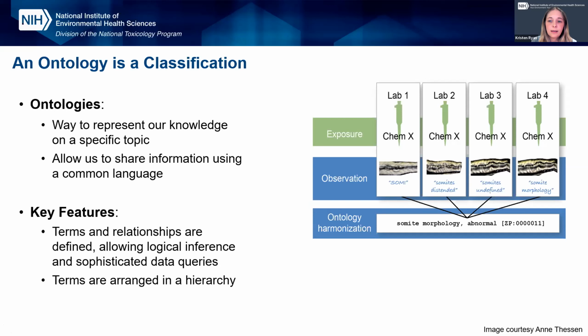And this could be pretty challenging for somebody like myself, who's not a zebrafish expert, or perhaps a regulator who isn't used to seeing this, and to know that these are all the same findings. Essentially having these harmonized ontologies is very helpful for this approach.